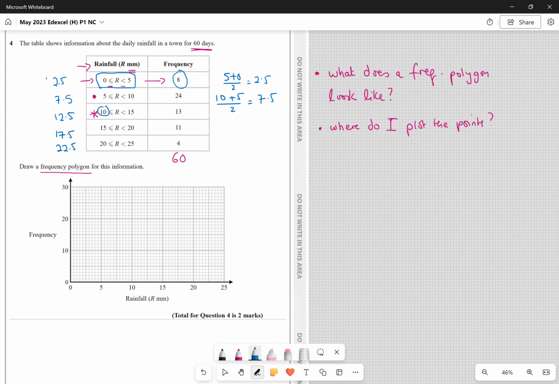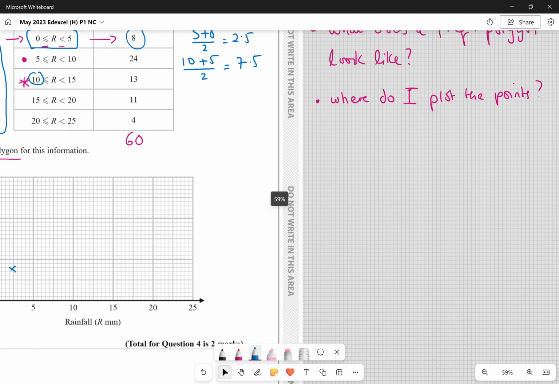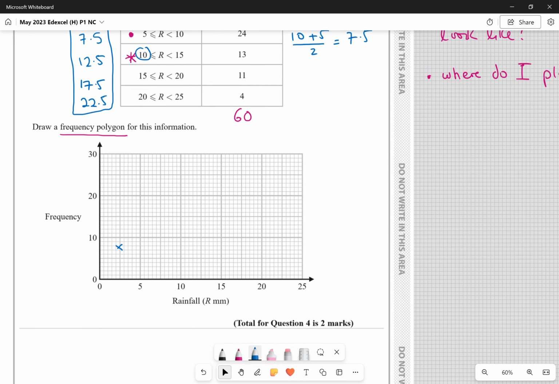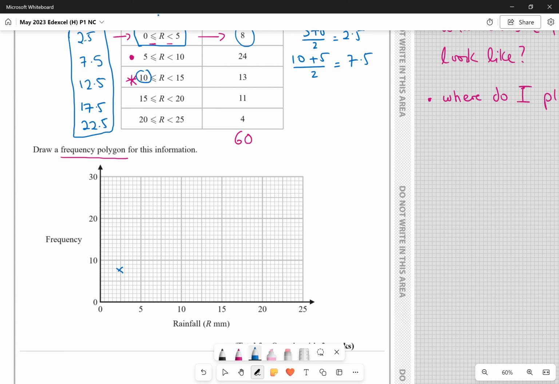So this is where I'm going to plot the points. Okay, so 2.5 goes up to 8. I'm going to make that a bit bigger so it comes out clearer. Okay, and then we have 7.5 is 24, so 7.5 is here, halfway between 5 and 10, and is 20, that's 25 there, so that's 24 there. 12.5 is 13, so midpoint of 10 and 15 is 13, that's 10.